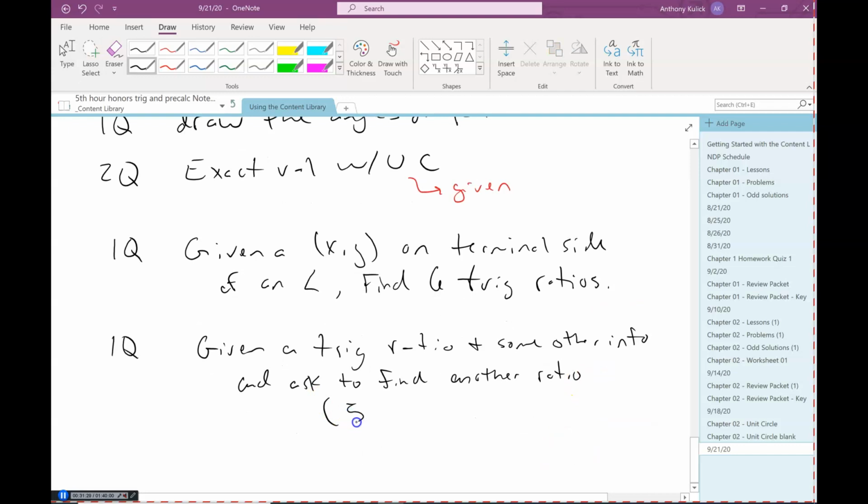So this was similar to like 59 and 60. I think we asked at least one of those questions here just a moment ago. But that's what I'm talking about, questions like 59 and 60.